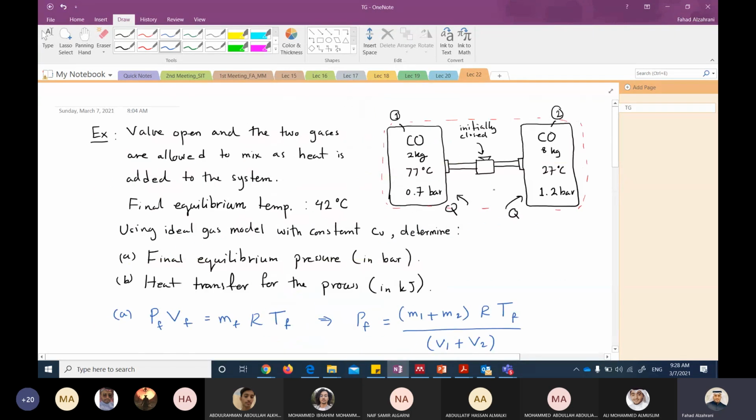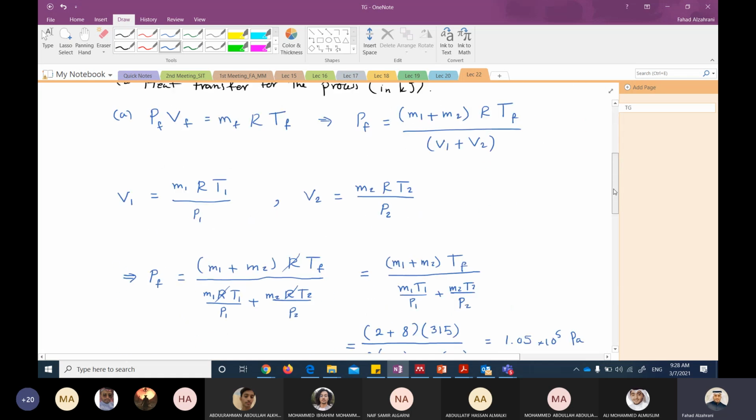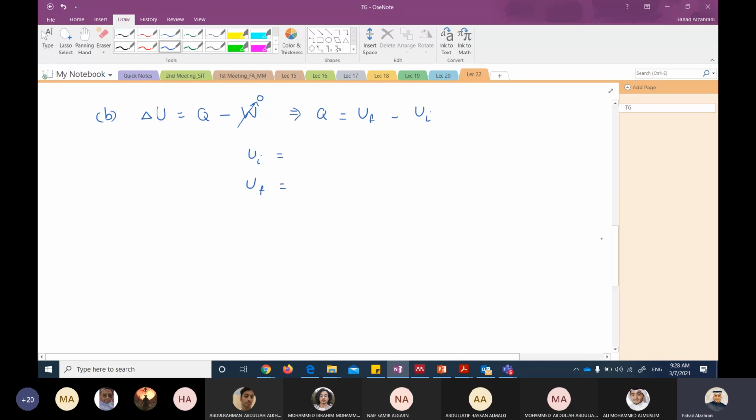If you look at this system, the final internal energy is for the total mass of the gas, and the initial internal energy is that of the first tank plus the internal energy of the second tank. So how can we write it here?